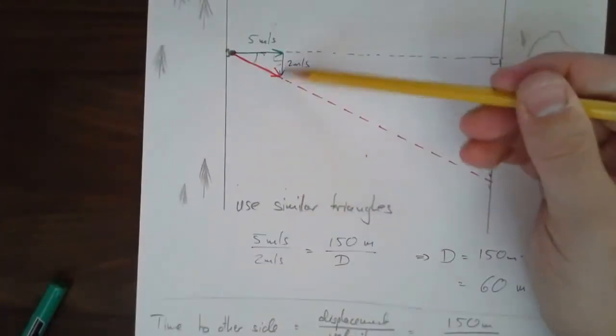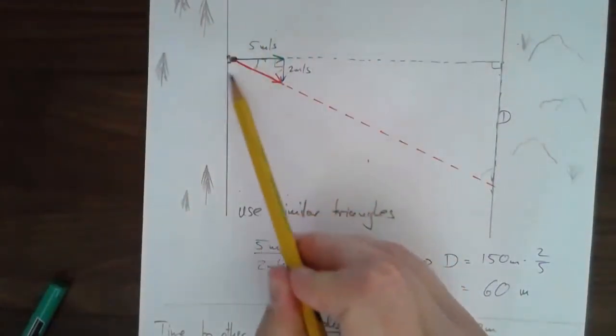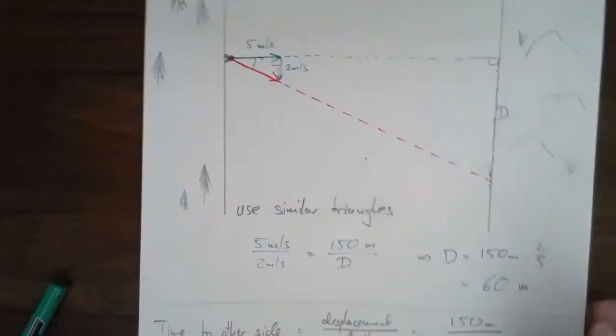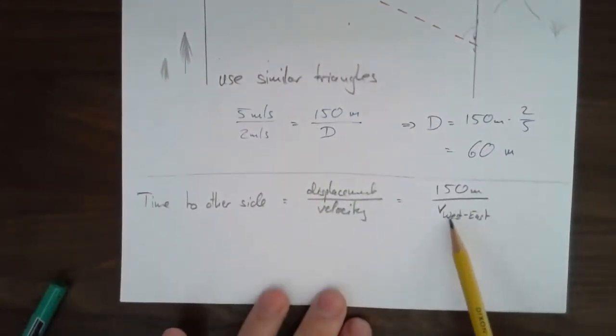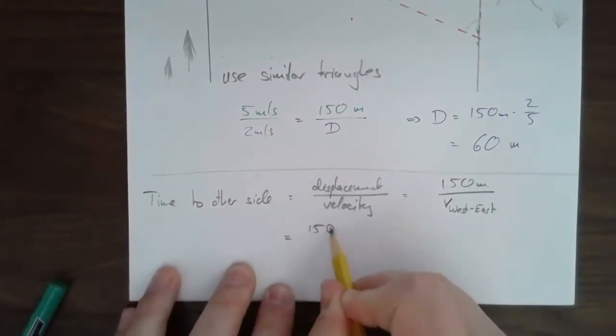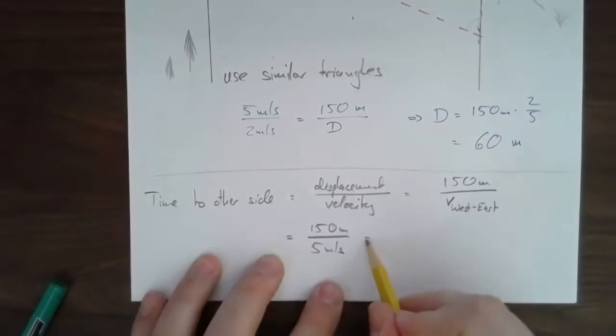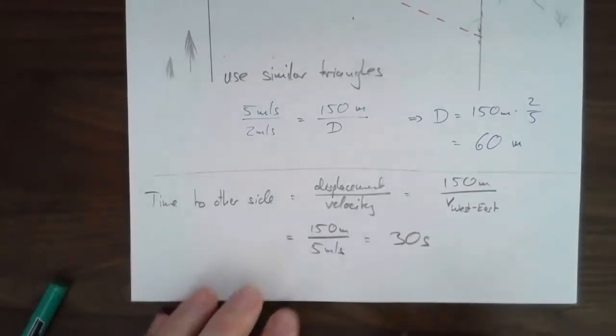So the 2 meters per second are totally relevant for getting across the river, because only this part here is right now what's taking us across. So this is going to be 5. It's 150 meters divided by 5 meters per second, which comes to 30 seconds.